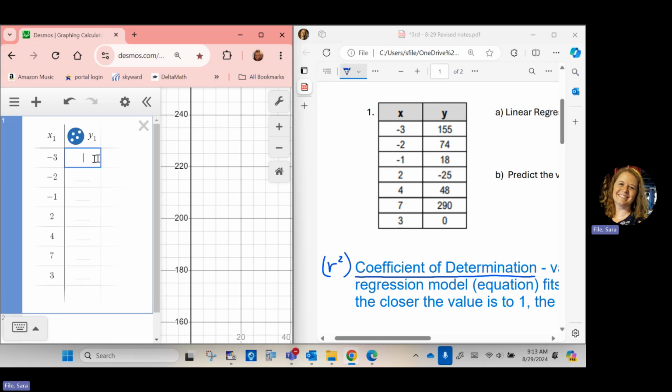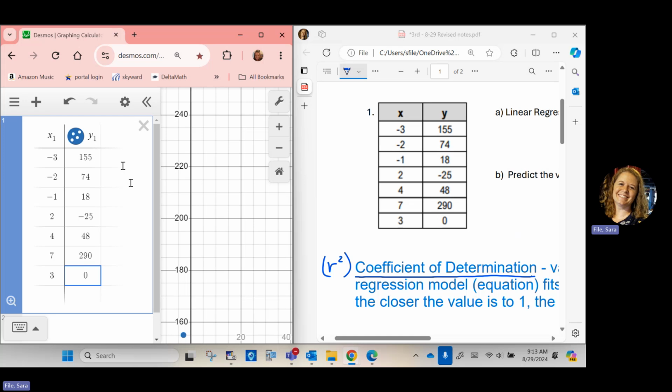So we've got our X column values, and now our Y values go here. Okay, so I've got my data.